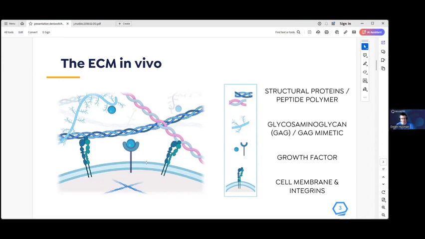As you might all be aware, most technologies on the market which recreate the ECM use recombinant proteins or a mixture of recombinant proteins, things like laminin, fibronectin, vitronectin. But a lot of these solutions fail to recapitulate this other part, the glycosaminoglycan component, which is equally important and plays key roles in, for example, growth factor maintenance or signaling.